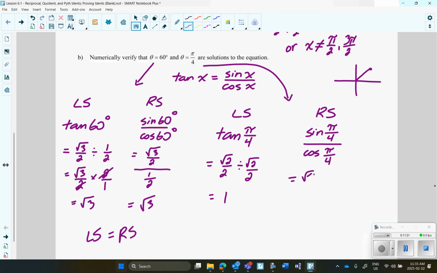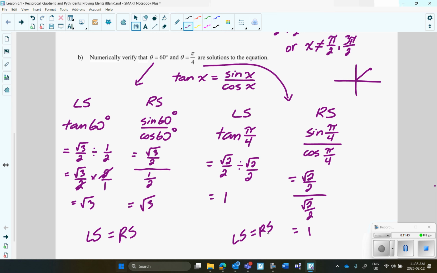Root 2 over 2. Divided by the cosine of pi over 4, root 2 over 2. It's the same division as on the left side, equals 1. So it works for pi over 4. So the left side equals the right side. So we proved it for 2 angles.